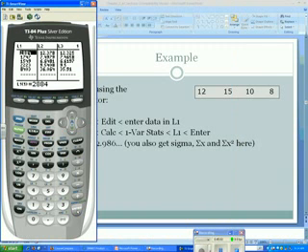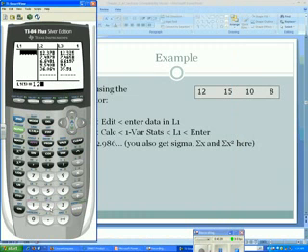But if you do, you can scroll to highlight the L1. So I did the up arrow to highlight the L1. And then you can do second clear and enter to clear the list. So highlight the name of the list, second clear, enter, and that will clear the list.